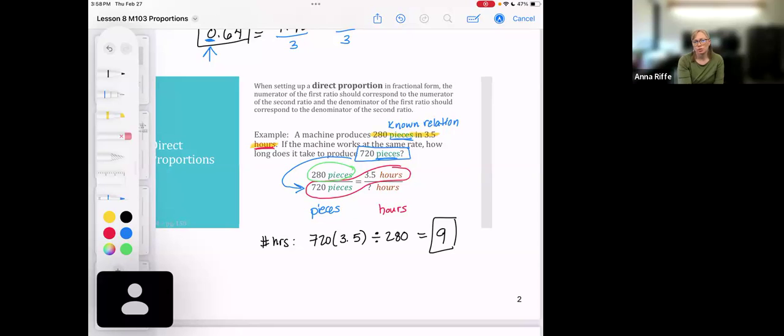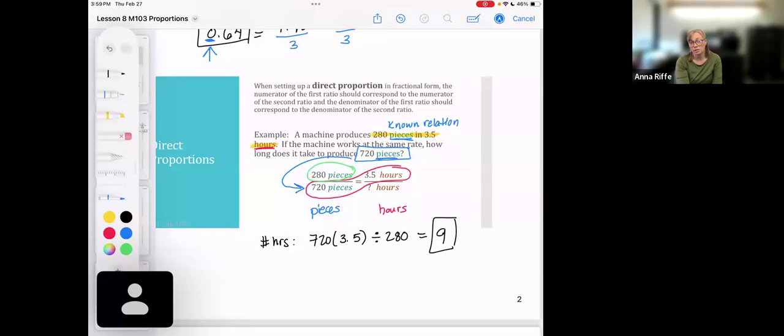When we look back at the original problem, we're told that in 3.5 hours, the machine produced 280 pieces. So it would make sense that if the machine produced more pieces, it would take more time. This is an example, as mentioned, of a direct proportion: as one quantity goes up, so the number of pieces goes up, the other variable goes up as well.